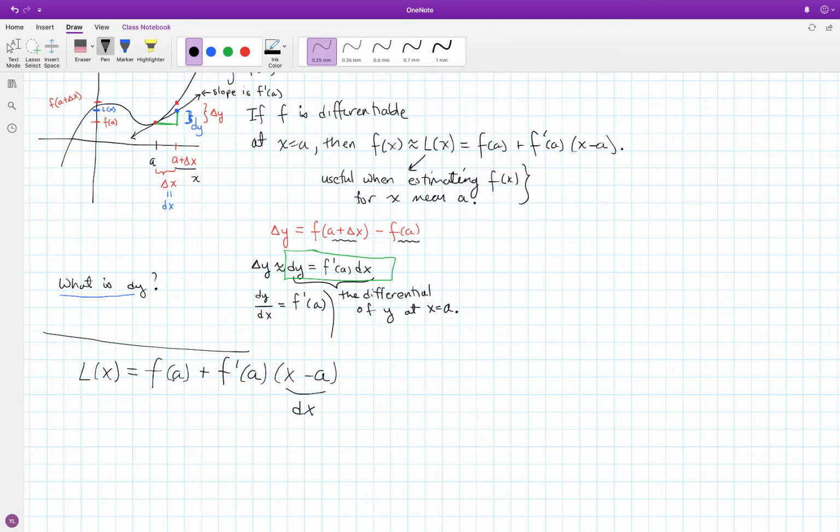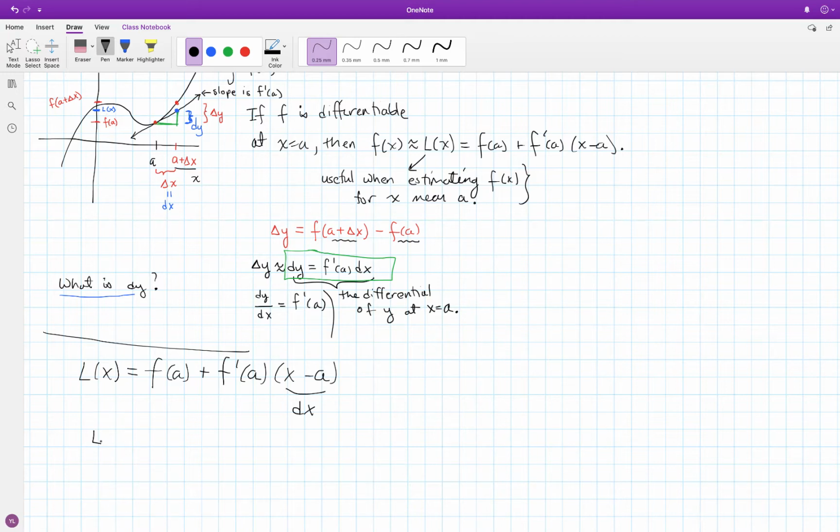And if you also look in the picture, the dy expression, which I'm calling the differential, is exactly the L of x value, the linearization of the function at this new x value, minus the function evaluated at the good x value, a. So the vertical distance dy is exactly L of x minus f of a.